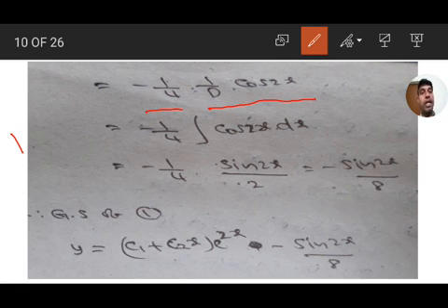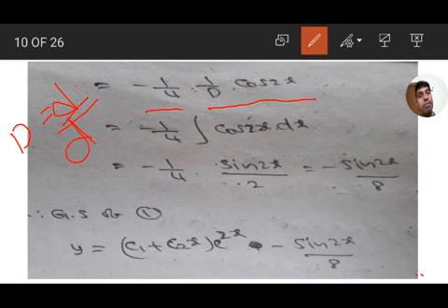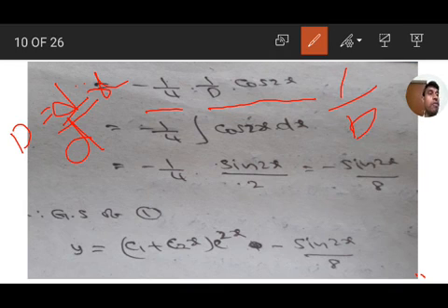D means derivative, here D means d/dx. So 1/D means the reciprocal or inverse of the derivative, that is integration.